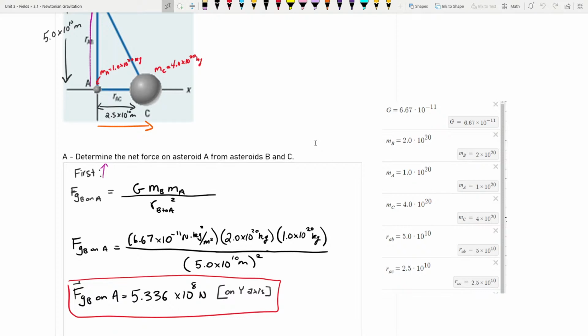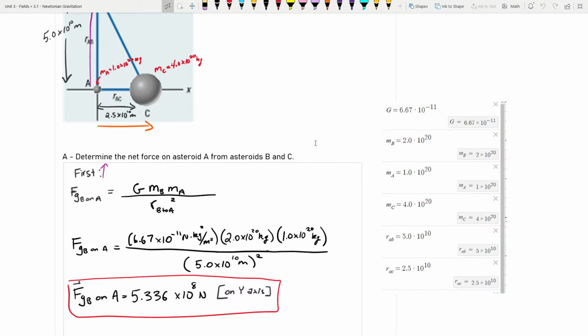All right, and that's easy. We'd say that's 6.67 times 10 to the negative 11 newtons per kilogram squared, meters squared. Oh, meters squared per kilogram squared. How many times have I put that wrong? Probably too many. The mass of C is 4.0 times 10 to the 20 kilograms.